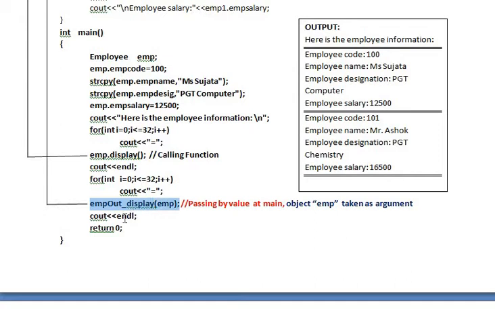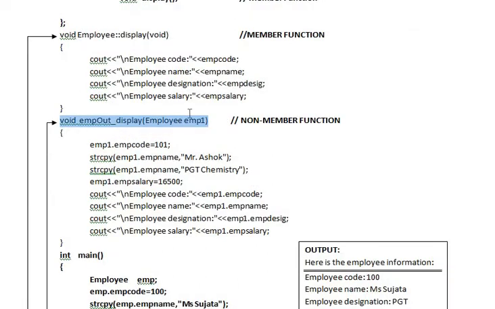As the function starts to execute from this point, this is the calling function. Inside this calling function emp_out_display, we have one parameter. The parameter is the object emp itself. Now the control is going to jump from this calling function into the called function.